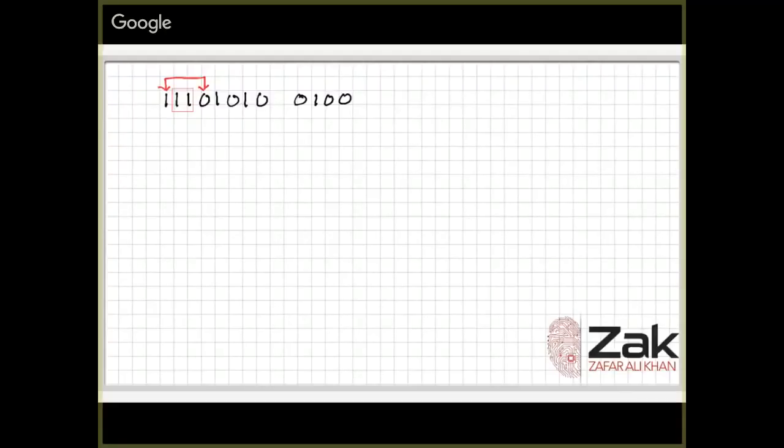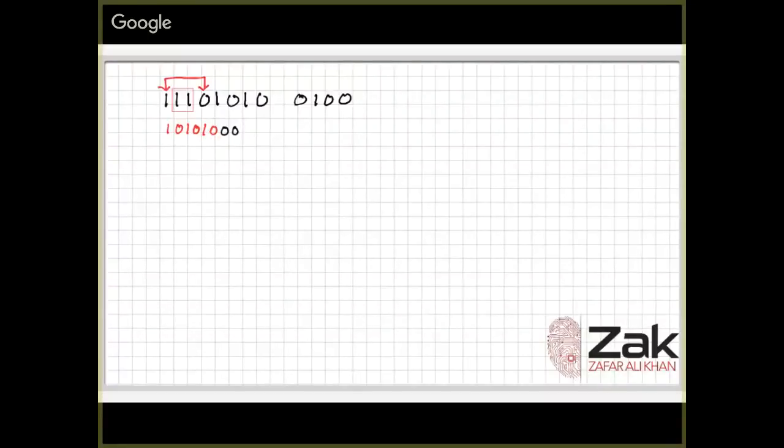How many bits are we going to take out? 2. So now this would become 1010110. And how many spaces did we get because of the removal of these 2 bits? 2 spaces. So we will fill those 2 spaces with zeros.